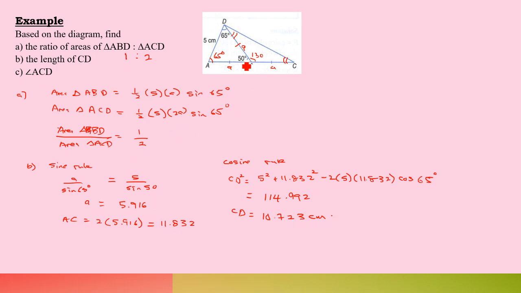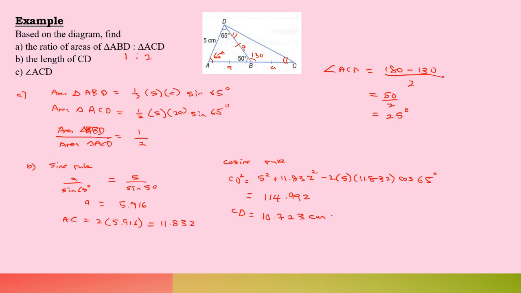If this is 130 degrees, the remaining 50 degrees you divide by 2. So the angle ACD will be 180 minus 130, divided by 2. So you have 50 divided by 2, which is 25 degrees. Okay, straightforward. No need to use any other method.